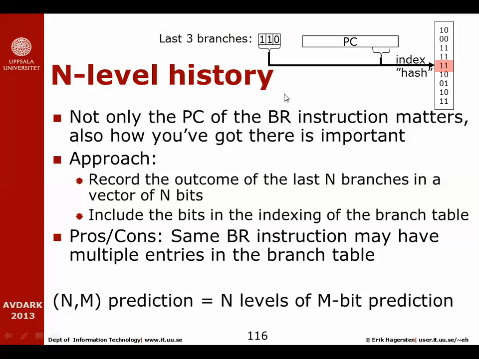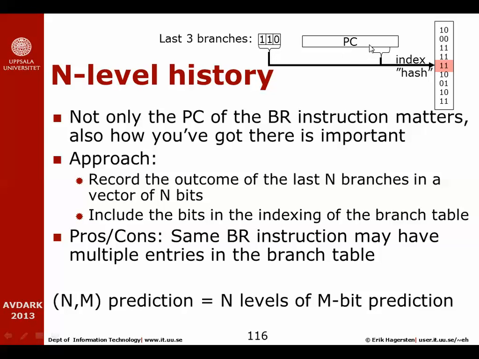What we are going to do is simply to add a little bit of global information. In this example here, I add information about which direction the last three conditional branches have taken, left or right, and just symbolize each of those with a bit, and just keep updating this, which way did the last three branches take.